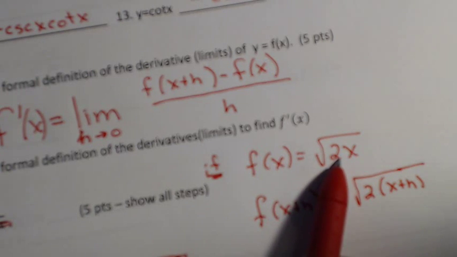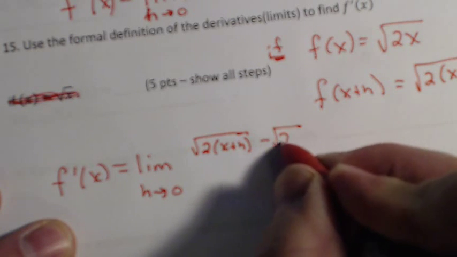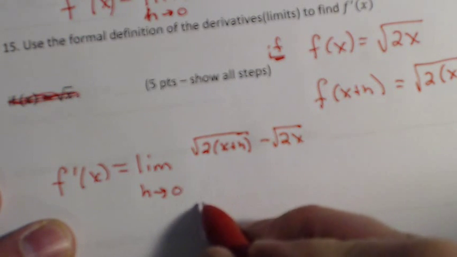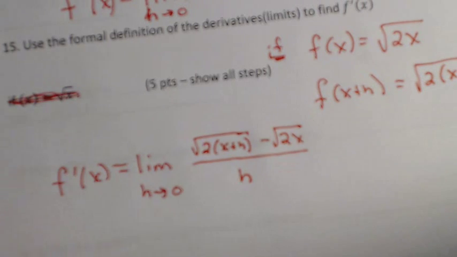Well, our f of x was the square root of 2x. So minus the square root of 2x, all divided by h. And all we've done at that point is plug into the formula. Please show that step and show all your work so you can maximize your credit.